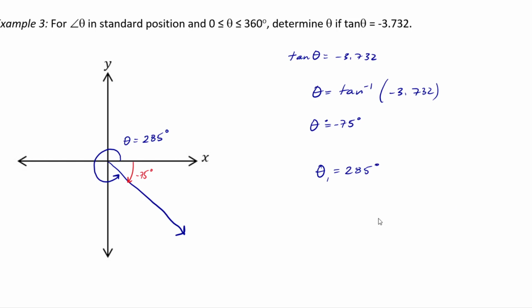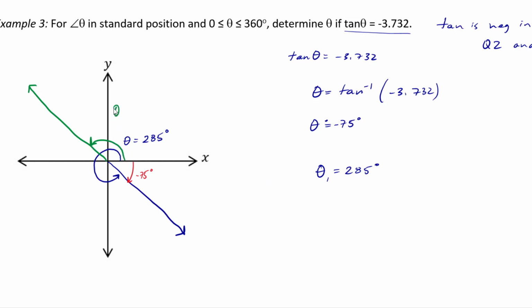The reason why I say there's one possible answer is, take a look. If tan theta is negative, well, remember that tan is negative in quad 2 and quad 4. Well, we found the one in quad 4 already. That is 285 degrees, which means there is another possible answer here. And so the other possible answer is to draw a terminal arm in the second quadrant here, and we need to find this theta.